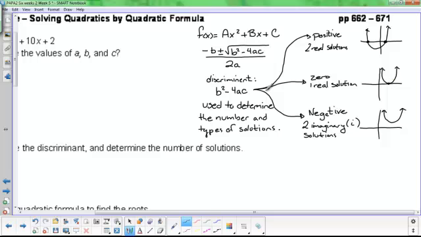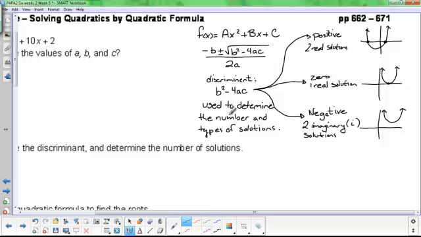If the value of the discriminant is negative, you'll have two imaginary solutions. Your answer will include i, and the graph of your function would look similar to this, where the parabola does not touch the x-axis.